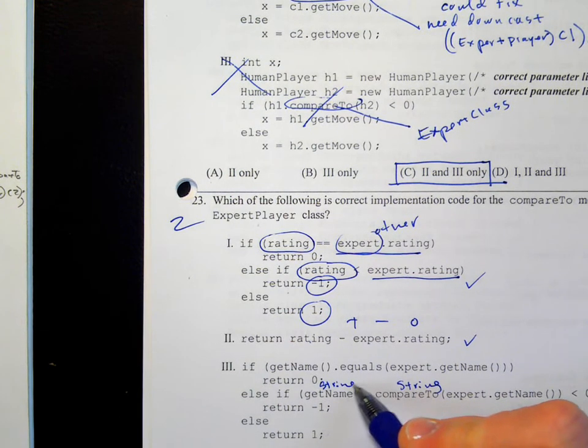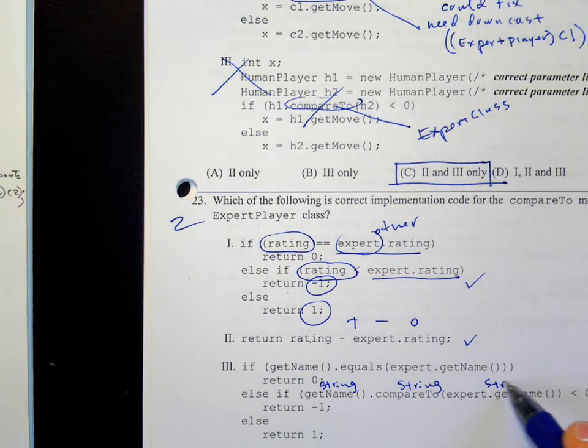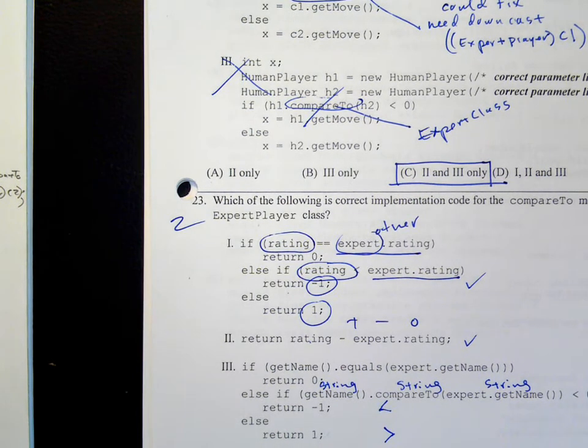So the string class already has a compareTo. And it says if this one is alphabetically before this one, then we return a negative. And if it's alphabetically after, then we return a positive. So I think they all could work. 1, 2, and 3.